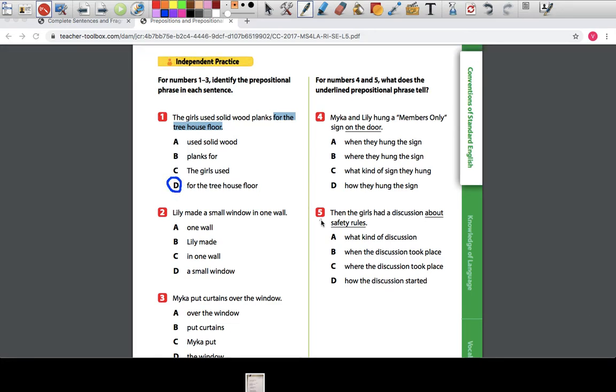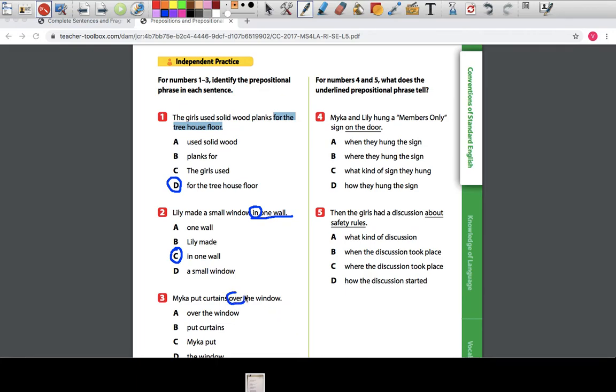Number 2, Lily made a small window in one wall. I know in is a preposition telling where, and in one wall. So that would be C. Number 3, Mika put curtains over the window.